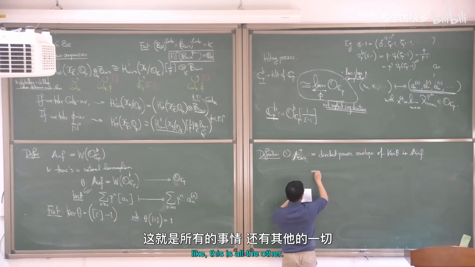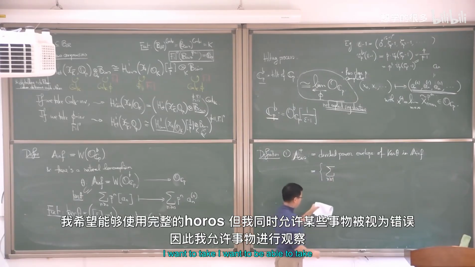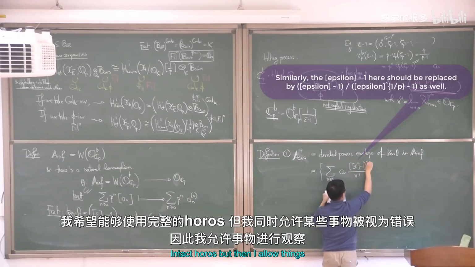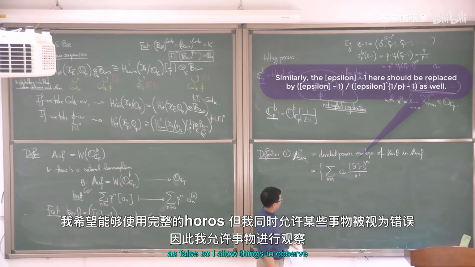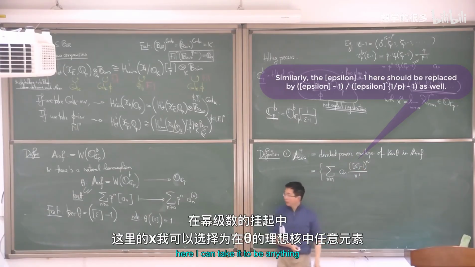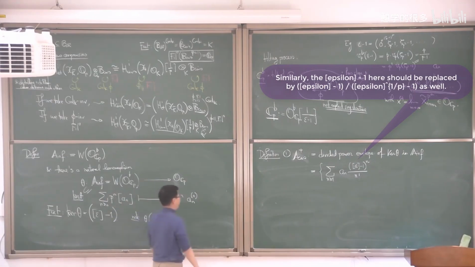Namely, this is all the following things. I want to be able to take n factorials, but the coefficients I allow things as a sort of power series expansion, or Taylor series expansions, where this x here I can take to be anything in the ideal kernel theta.